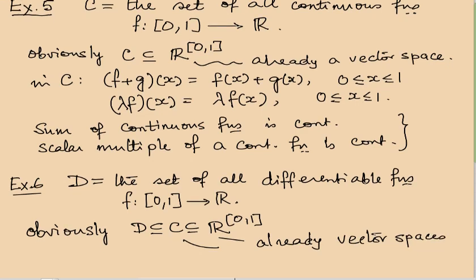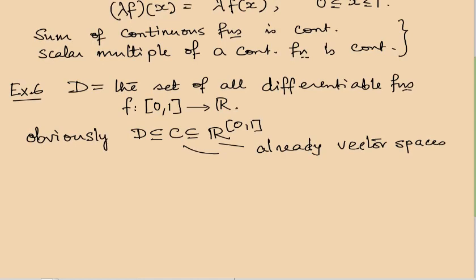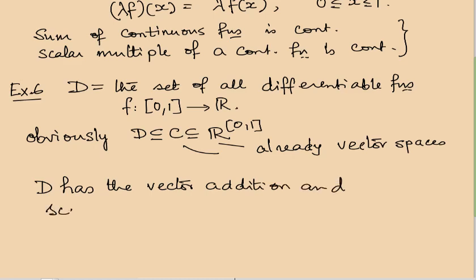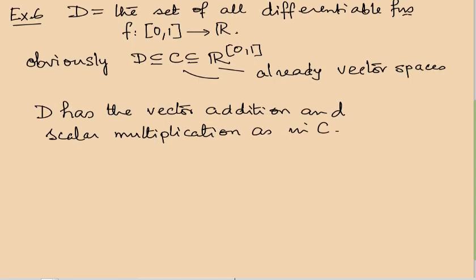Since the sum of differentiable functions and the scalar multiple of a differentiable function are all differentiable, D has the vector addition and scalar multiplication as in C. Okay, so it makes another vector space. Good.